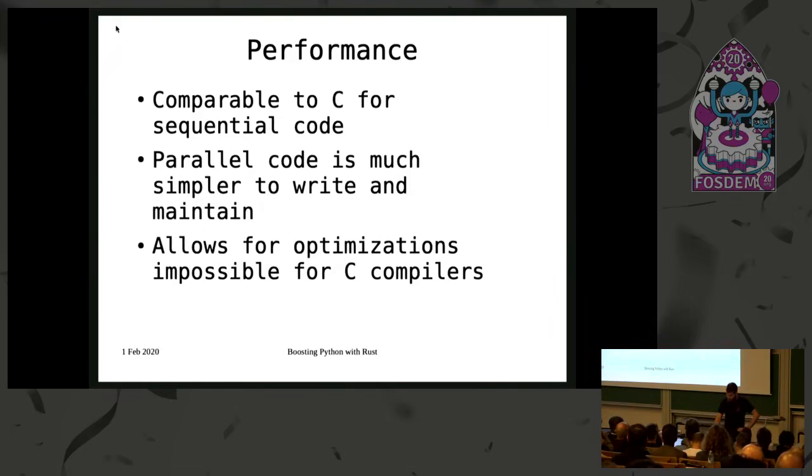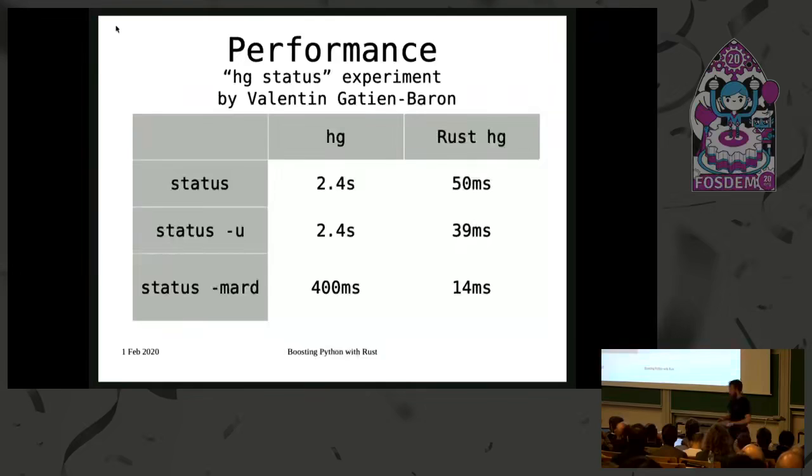But it's pretty cool. There was an experiment made by Valentin, who's a software developer at Jane Street. And he did a very small subset of the hg status command that was written in pure Rust on a big repository that they have.